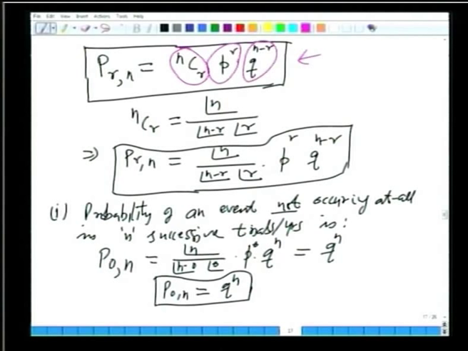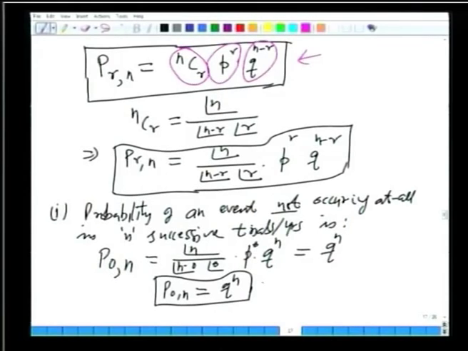So we can derive this binomial distribution using our basic law of probability. Okay. So this was the first corollary, in which we said that the probability of non-occurrence of an event in n trials is q to the power n. Okay. What is the second one?